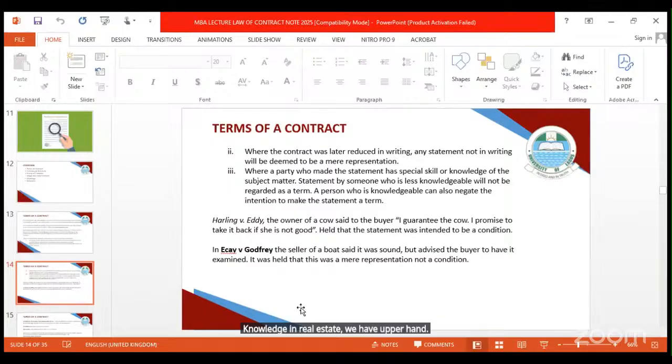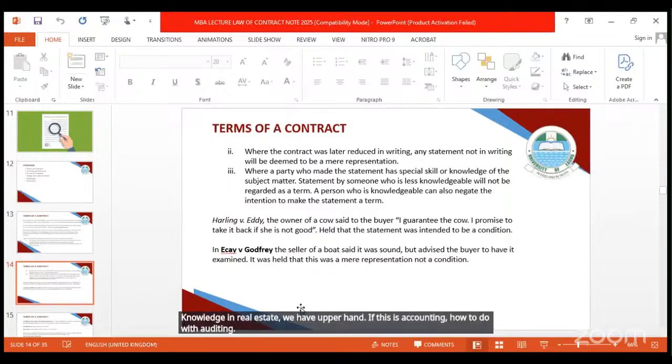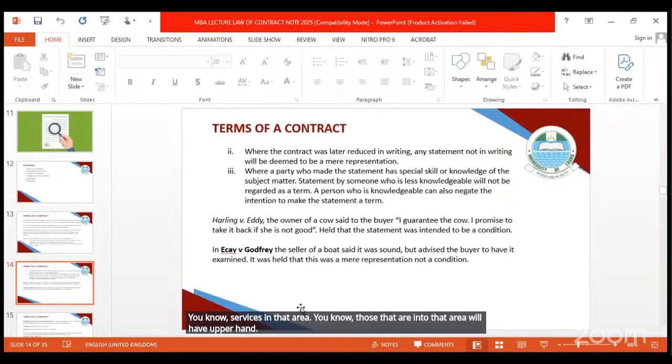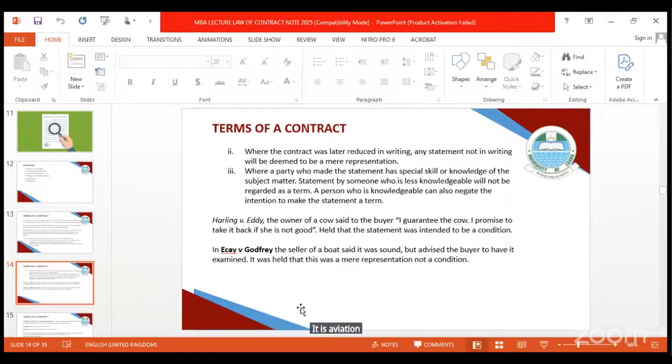If it's accounting, to do with auditing, services in that area, those that are into that area will have the upper hand. If it's aviation, those in that industry will have the upper hand. If it's the maritime sector, those that have that will have the upper hand. If it's insurance or stockbroking, brokerage, just name them.